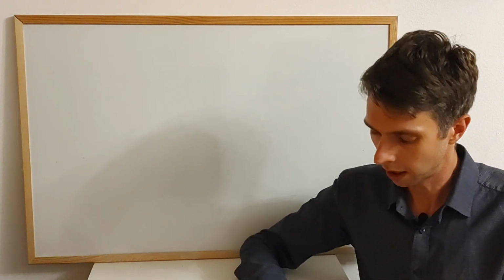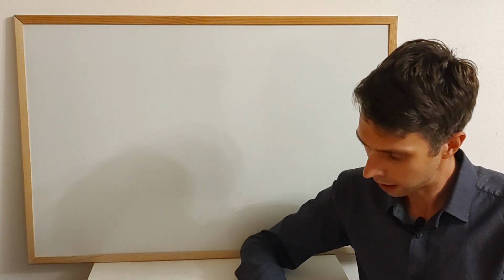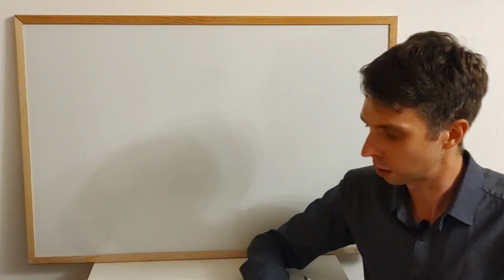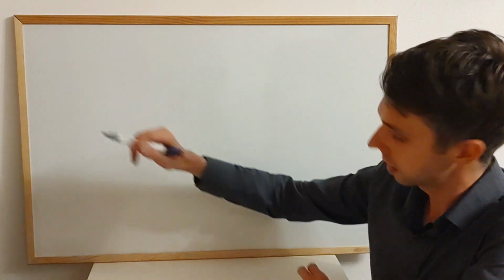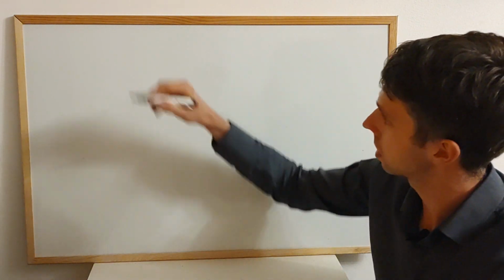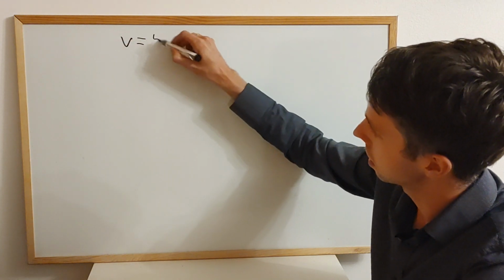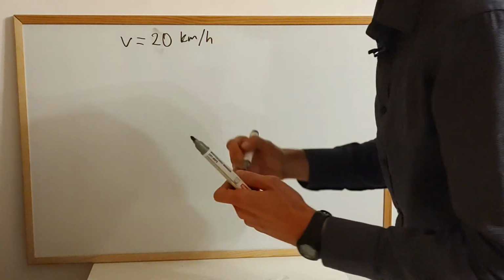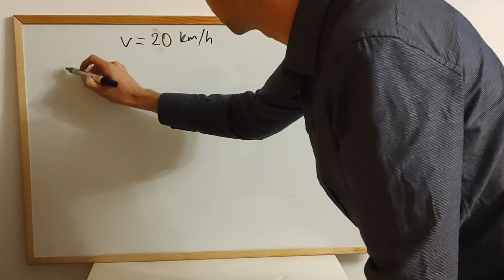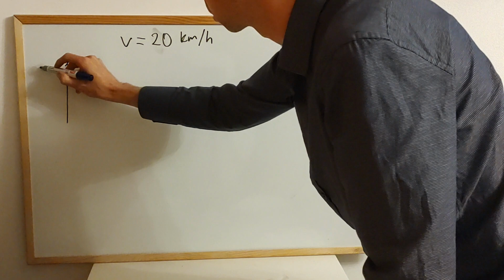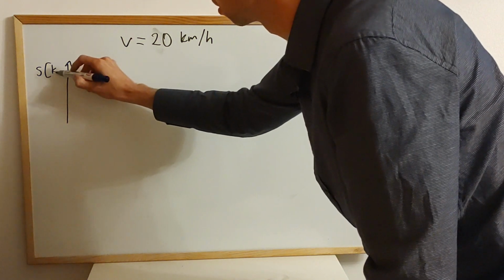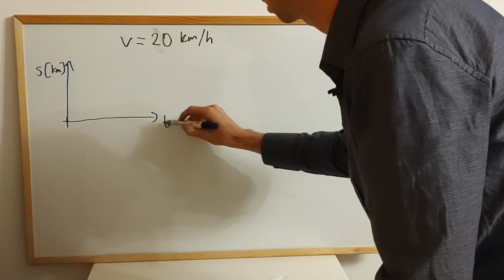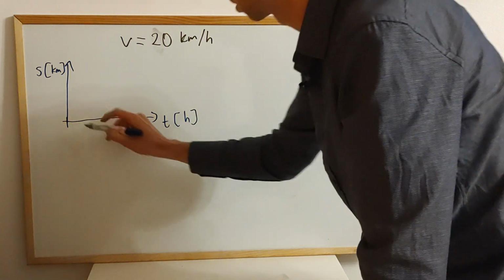Alright, and the last thing, I would like to make some graphs or plots. So first, let's suppose I'm driving with 20 kilometers per hour. That's my speed. And let's start with distance measured in kilometers versus time measured in hours.